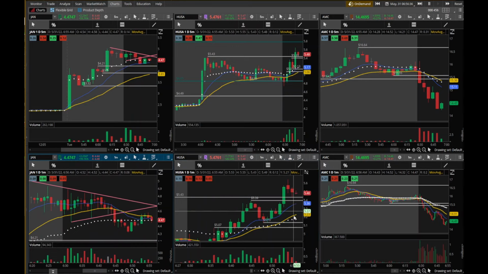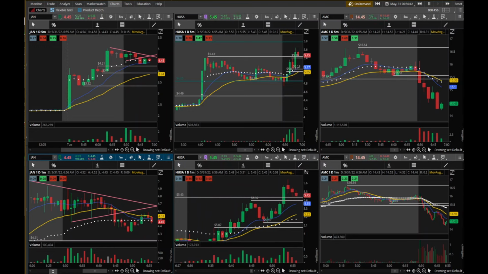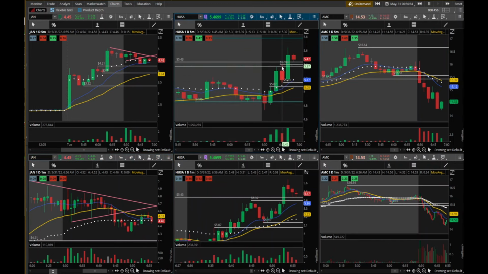I missed the big move, so I'm trying to get a couple of smaller moves off of it. See if it breaks through it. 656. What I'm trying to see is if it's going to come down a little more to this candle here. If it does, I'll jump in.